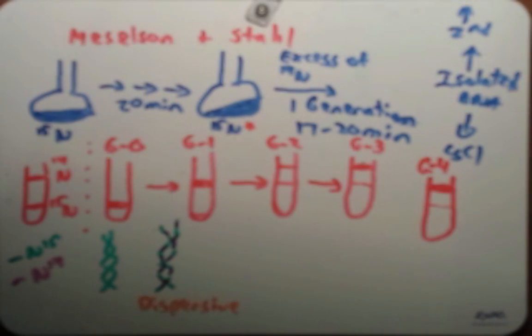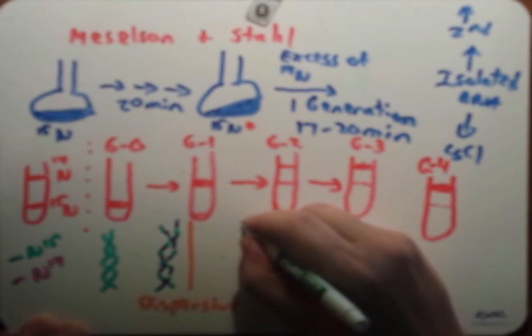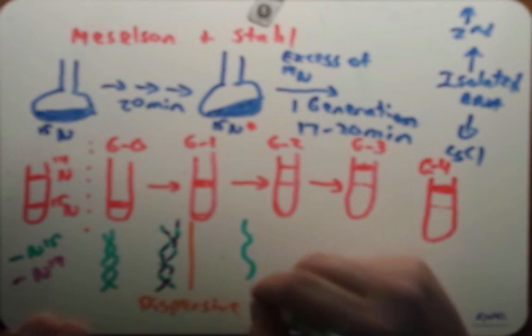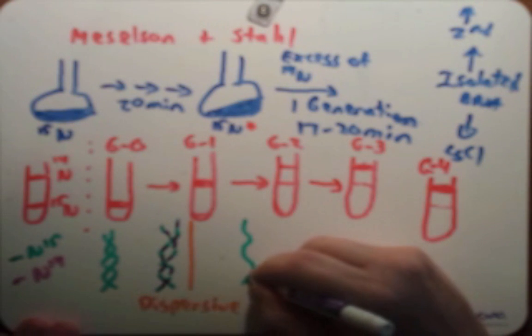Well, let's look at what it would look like if it were semi-conservative. If it was semi-conservative, remember, it rips these strands apart and uses each half as a template. So let's separate these out. So each of the new molecules would contain half of the old, one strand that's old, and one strand that is new.